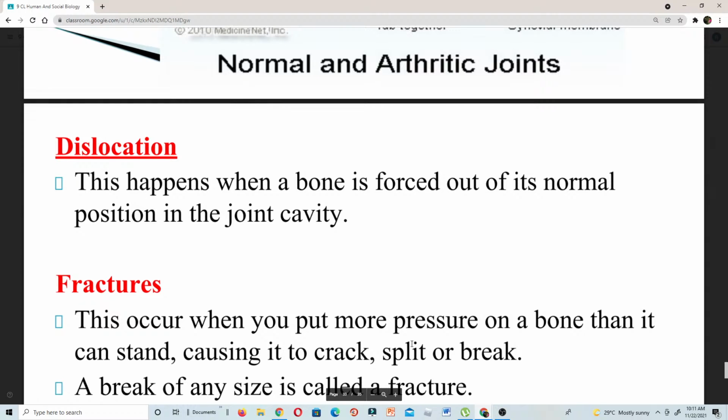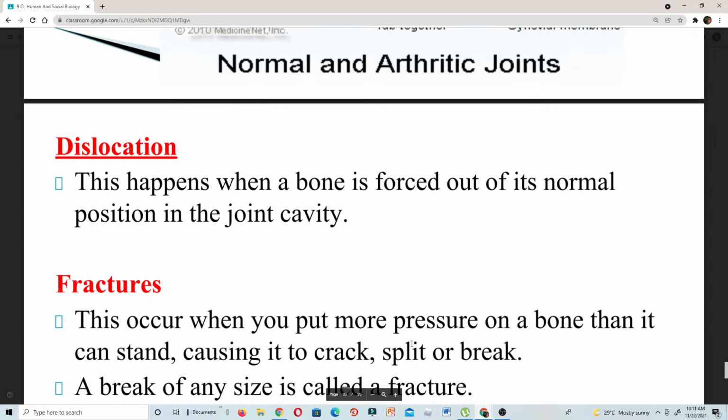And once you go to the doctor, the doctor will just shove it back in place. Or once you are experienced and you know how to do it, you don't need to go to a doctor. You can just slip it back in place. Whether you do it or the doctor does it, it is very painful.